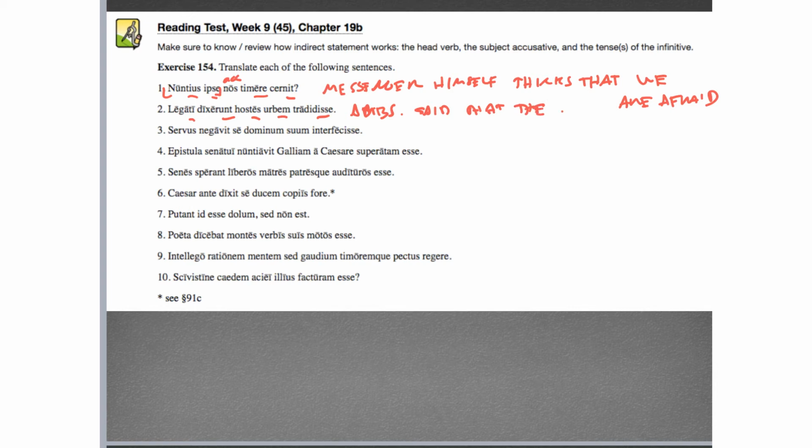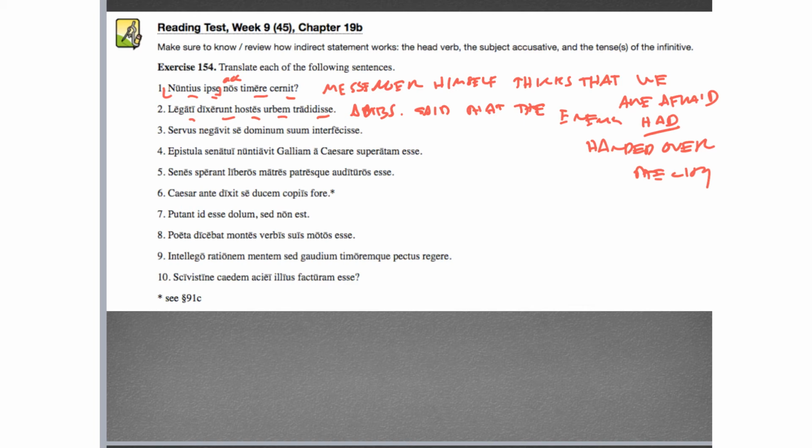And remember that with that perfect infinitive, right, that's going to shift me back one. Since dixerunt is perfect, then back one from the perfect is the pluperfect. All right, so there's some examples.